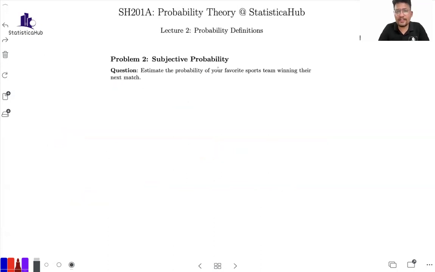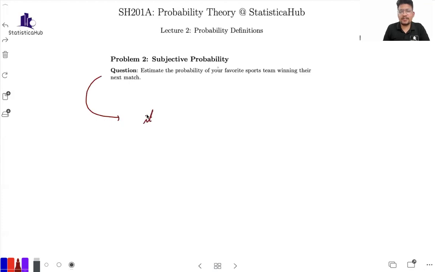Moving ahead, we have the second probability problem: estimate the probability of your favorite sports team winning their next match. So this is the subjective probability concept. What can be the answer for this one? This is completely based on individual choice, so I won't be able to answer it very strictly.